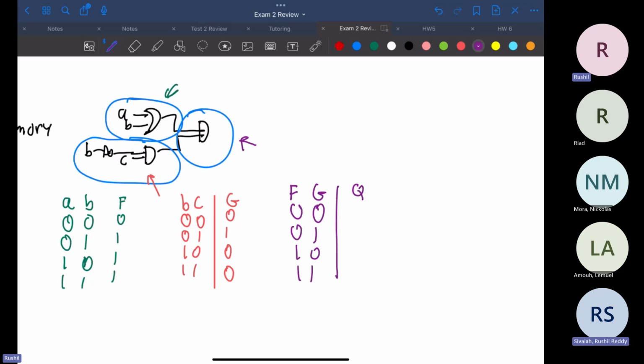It's going to be a 1 whenever both inputs are 1. It's just an AND. So it's going to be 0, 0, 0, 1. Remember, this is just this AND gate.